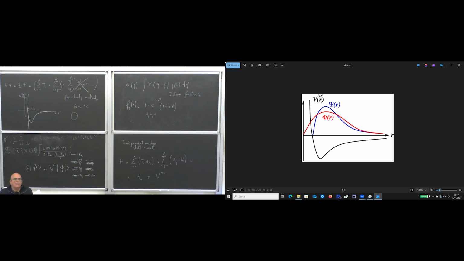Now, what they do in ab initio calculation, as well as the so-called realistic nuclear shell model, is to employ some similarity transformation that transforms the full Hamiltonian into a reduced one and then diagonalize it. Take into account with the similarity transformation all the correlations that are not taken into account explicitly.